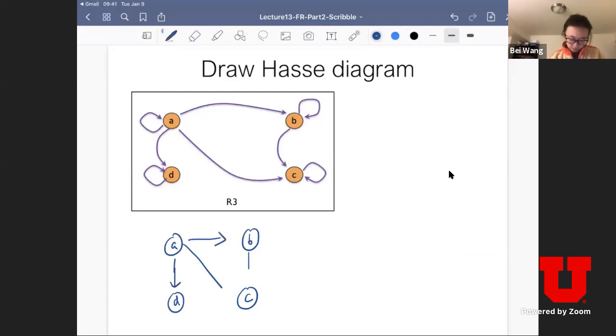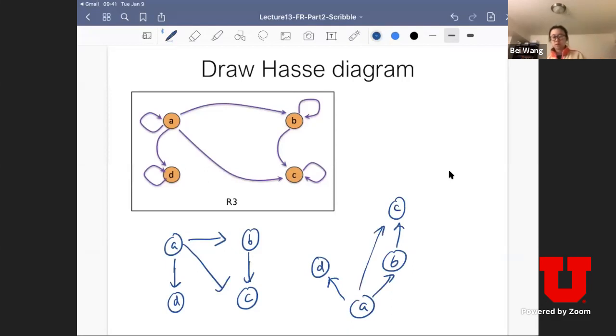Well, like A is the lowest. But now the third one, well, low to high, but then you get rid of the arrows.